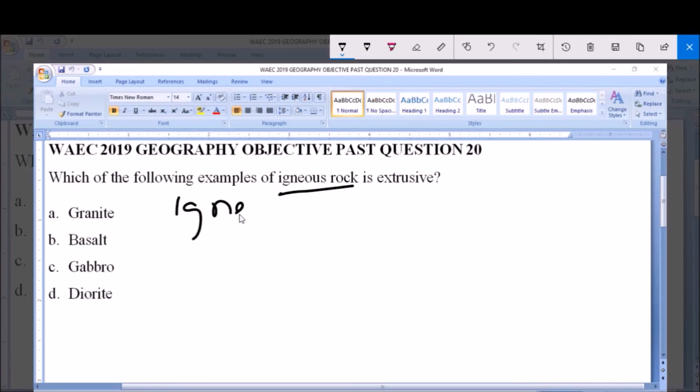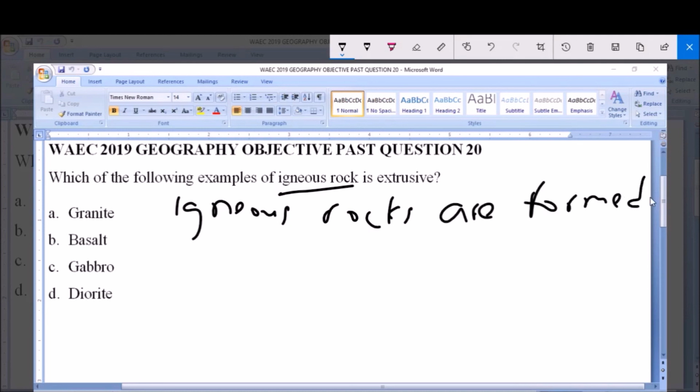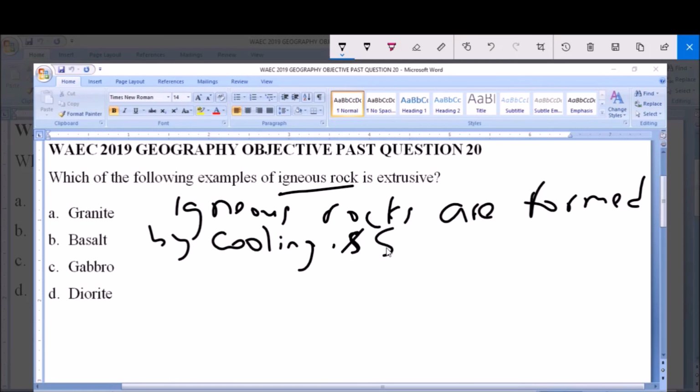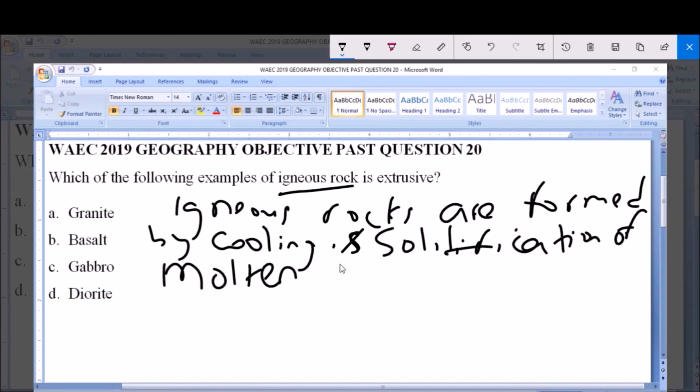Igneous rocks are rocks that are formed by the cooling and hence solidification of molten magma.